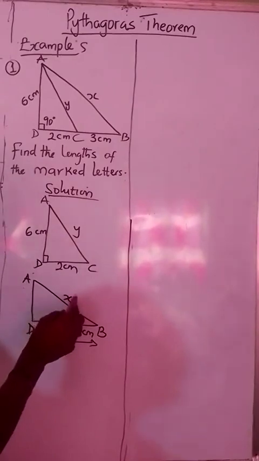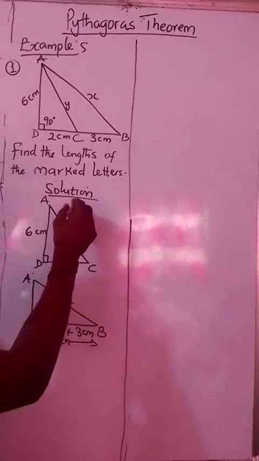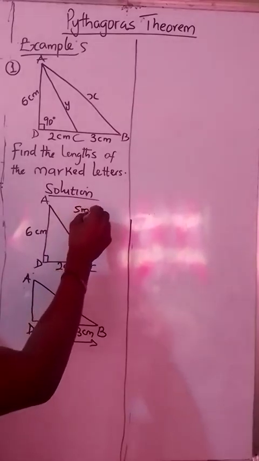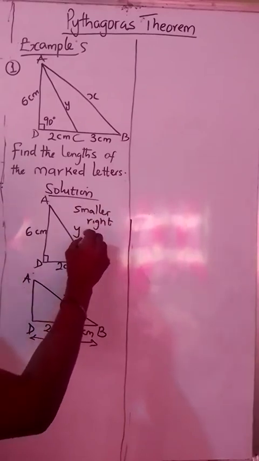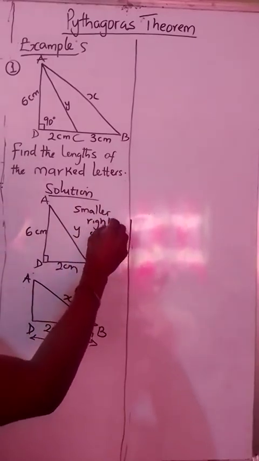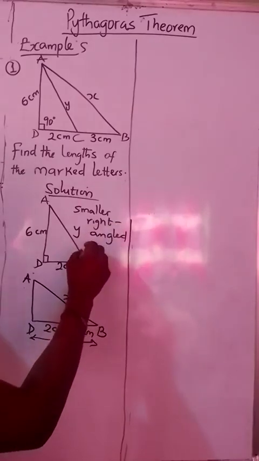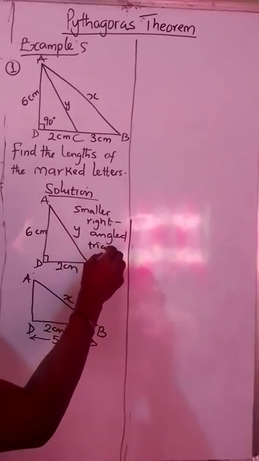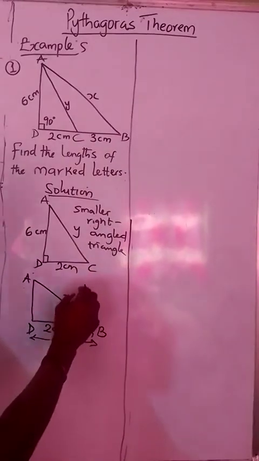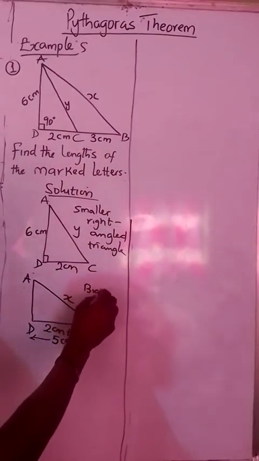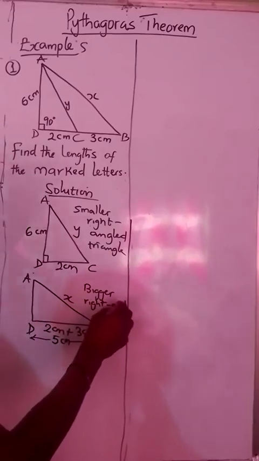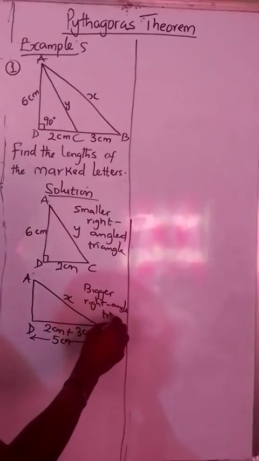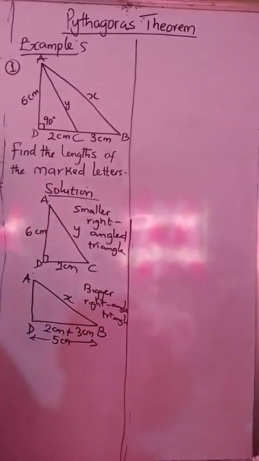And here is our X. That's for the bigger one, and this is the smaller right angle triangle. And this is the bigger right angled triangle.